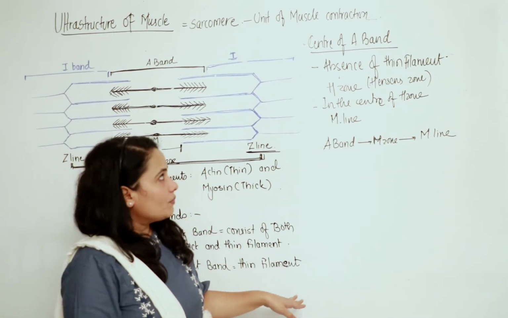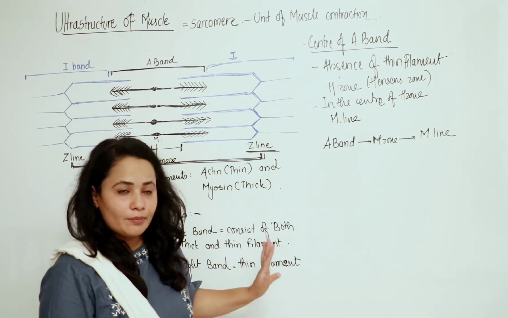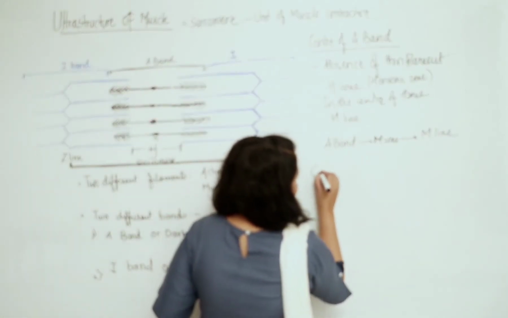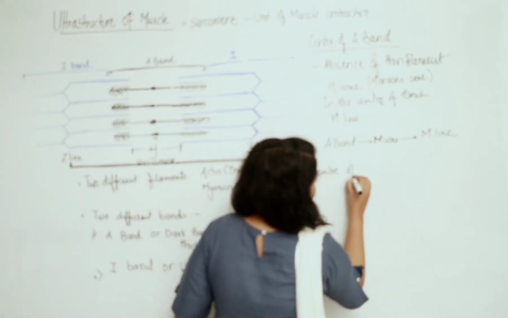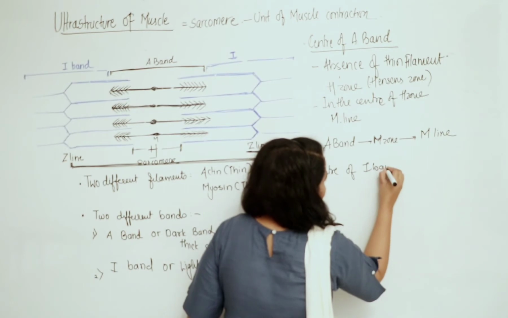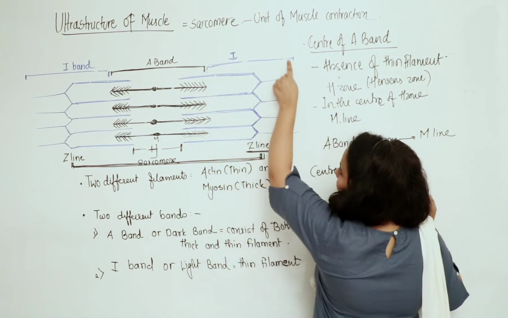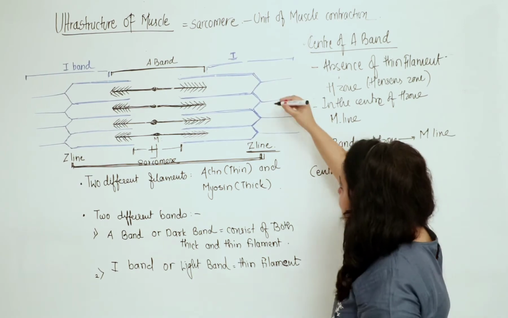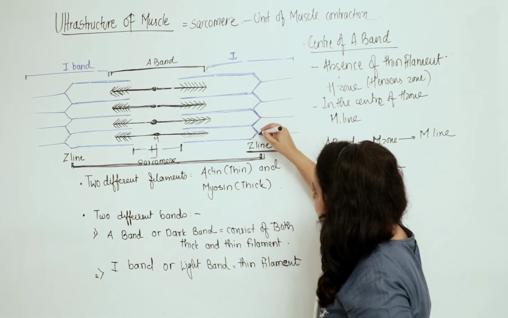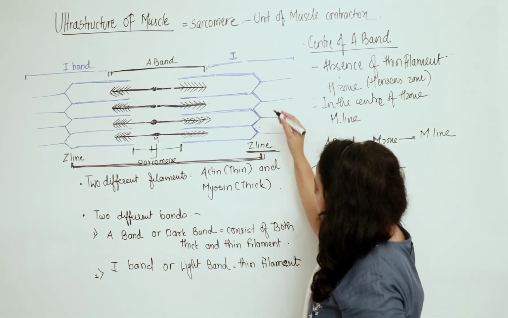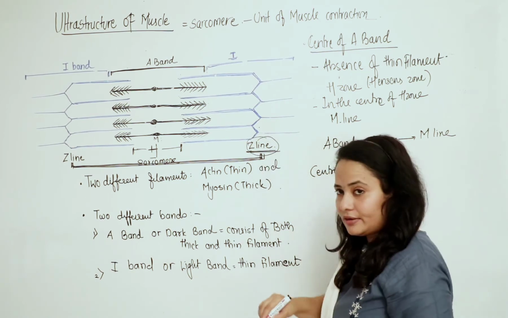Now let us talk about the center of I band. So next होगा हमारा center of I band. Okay. So this blue colored structure is I band, and you can see that there are certain cross striations over here, and these cross striations are known as Z line.